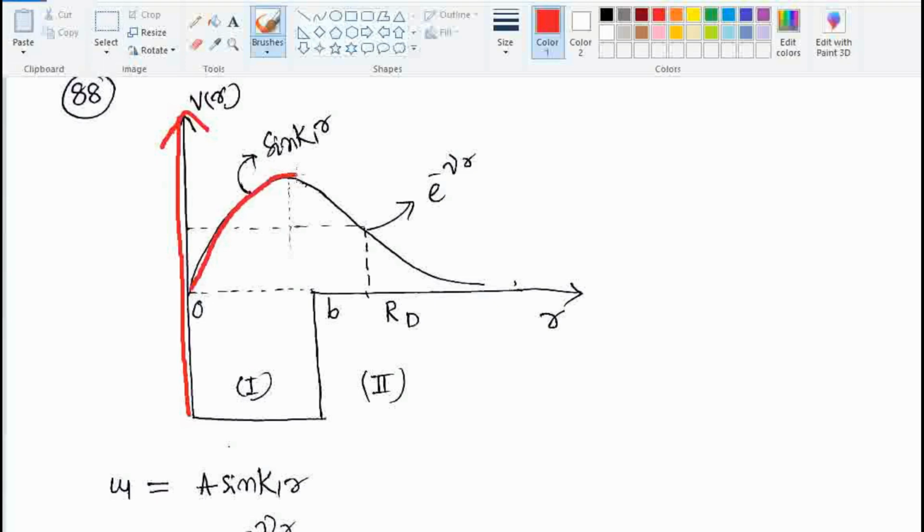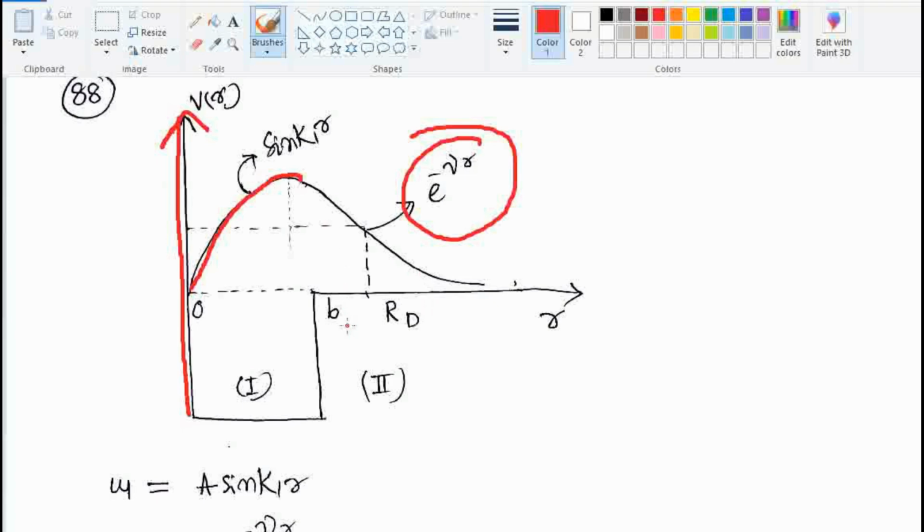It is increasing sinusoidally, which means from 0 to b, the dominant part of this wave function is sin kappa 1 r. And after b, the dominance of the decaying exponential term is increasing. Combining both, sin kappa 1 r and e to the power gamma r, is the wave function of this neutron.